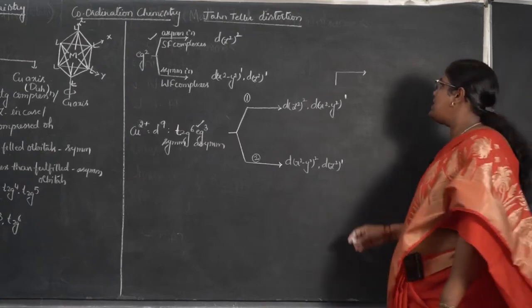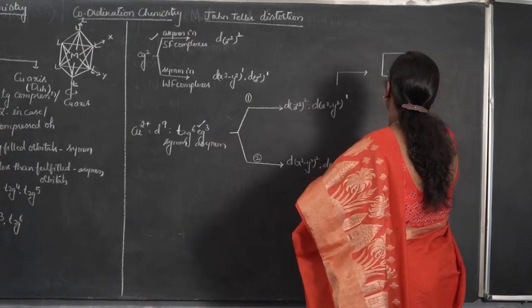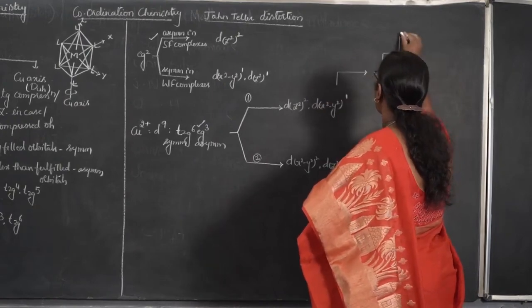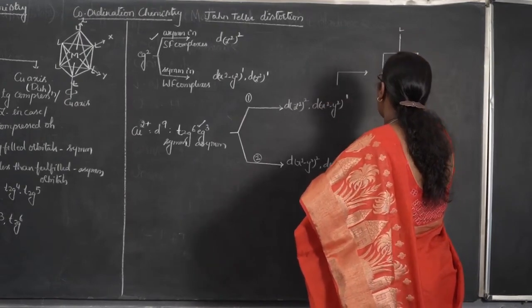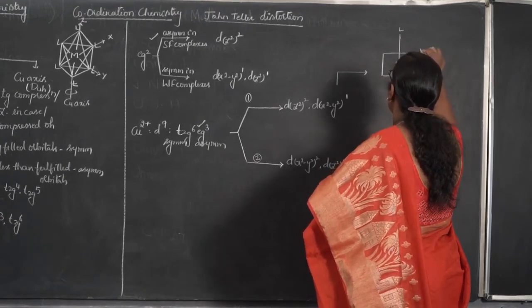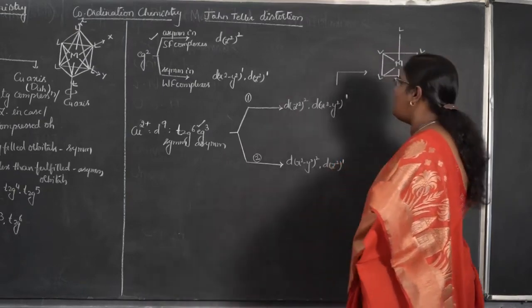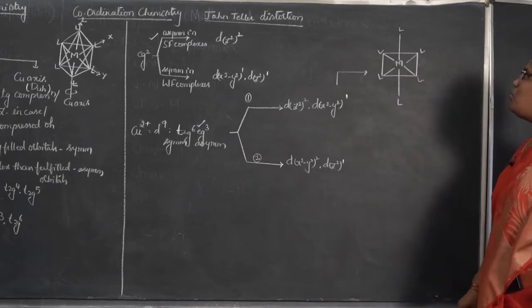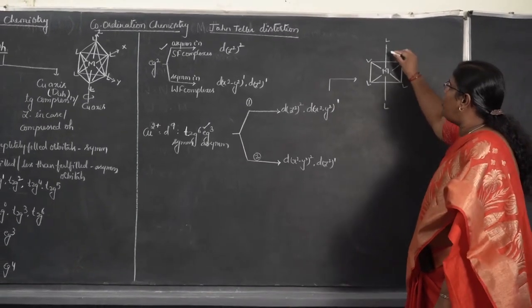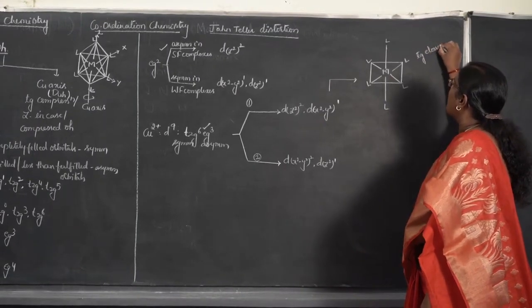And to minimize these repulsions, the ligands move away from the metal. So in the first case, there are more electrons along the z-axis. So along the z-axis, ligands experience more repulsions, and to minimize that, ligands along the z-axis move away from the metal. So this is going to produce the tetragonal elongation.